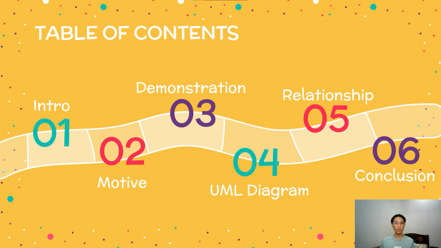After that, we will discuss a little bit on the UML diagram of the project. Next, followed by the relationship between our OOP subject and the concepts that we have used in this program, and lastly, the conclusion of what we gain from this project and also this course.